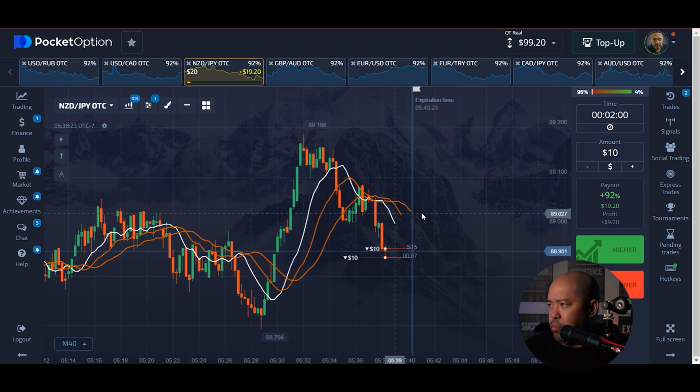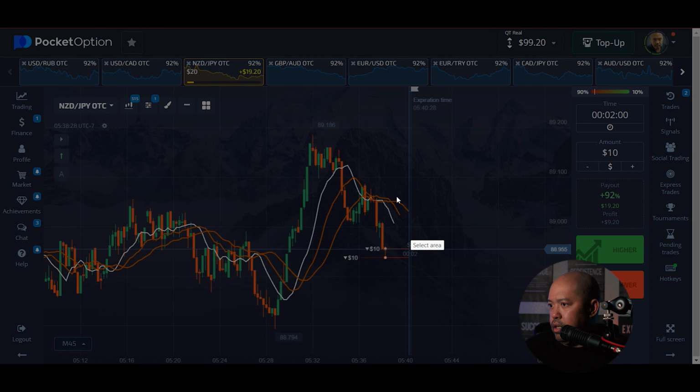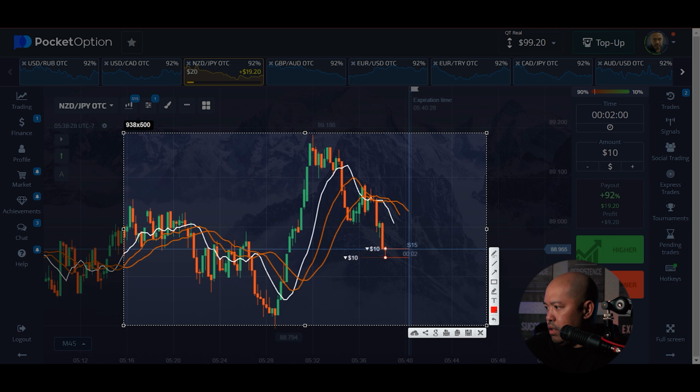So that's a little bit more than our compounding method, but the reason why I chose this is we got the supports right here, and then you have a resistance right here. And then I was scrolling back, and seeing the overall direction of the chart, and it was more ranging.